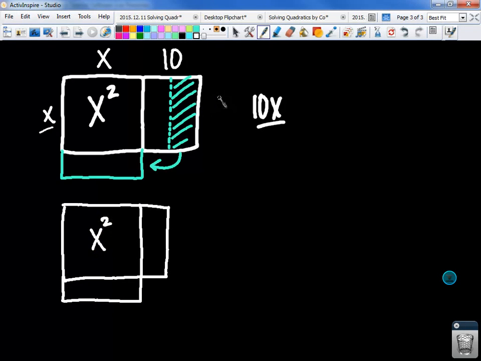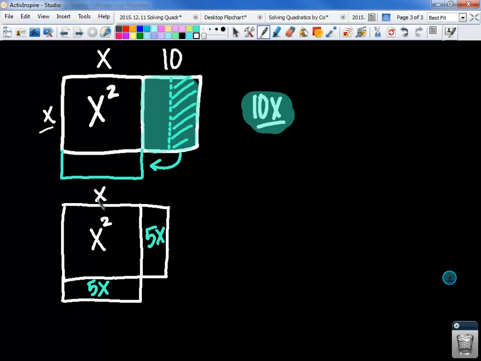And since this area over here was 10x, when I sliced that in half, this became 5x, and this is the other half, which was also 5x.